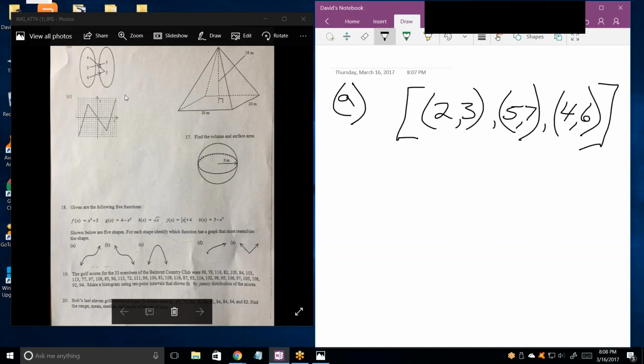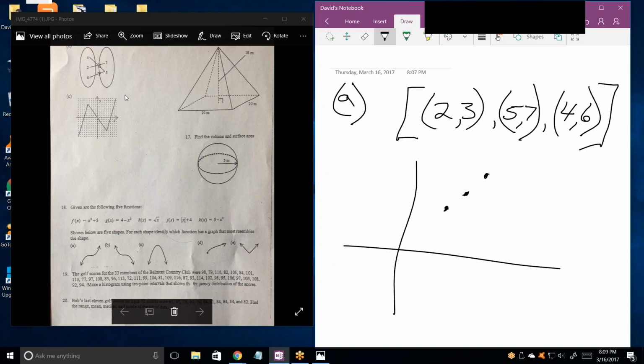Okay. So if I were to graph those 3 points, there's 2 comma 3, there's 5 comma 7, and there's 4 comma 6. I can't really connect those, because all they gave us was 3 points.